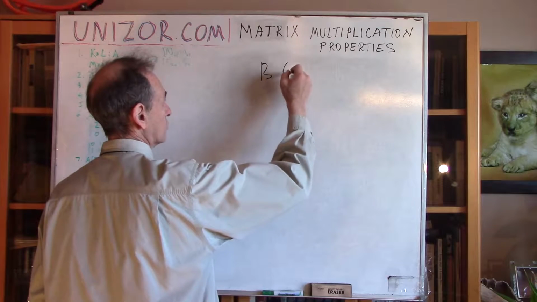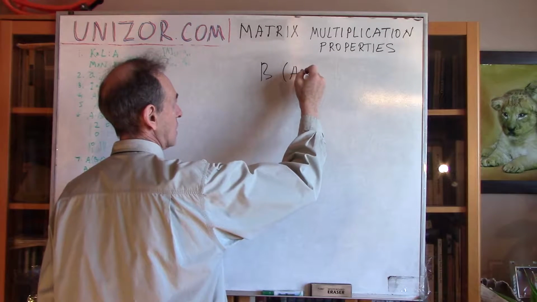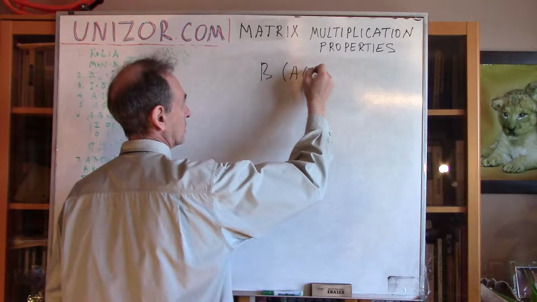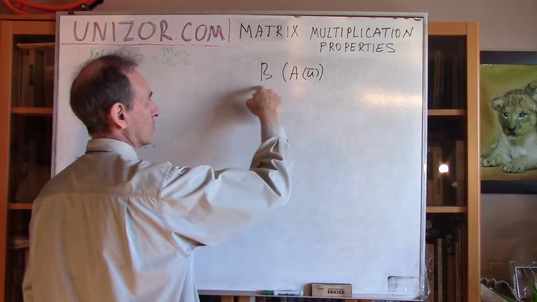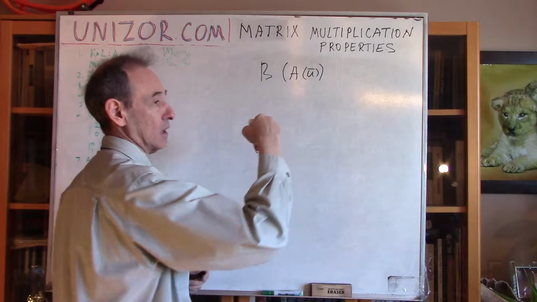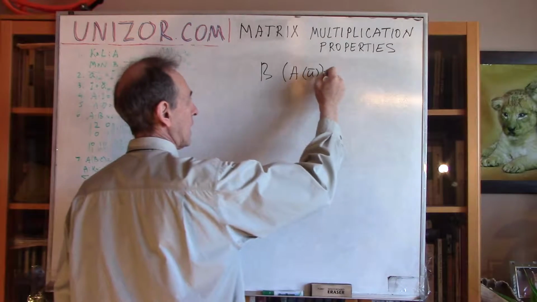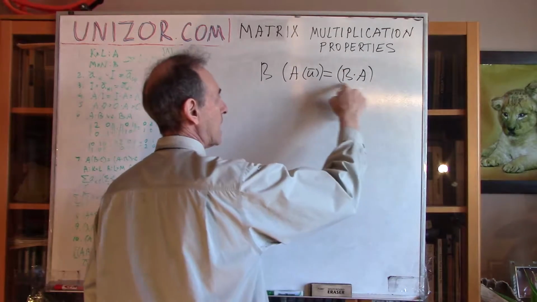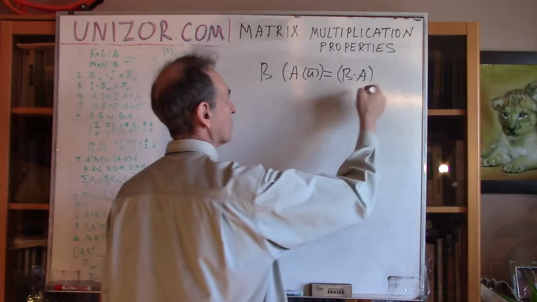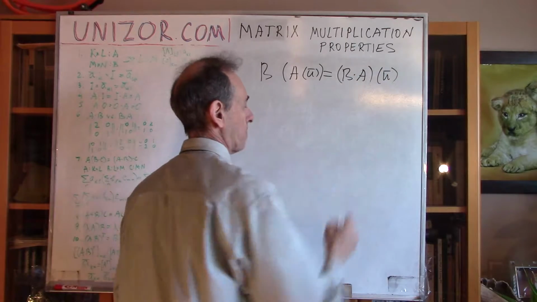If you combine two linear transformations of one particular vector, first with the matrix A and then with the matrix B, it would be the same as if a properly defined multiplication of these two matrices is applied to the same vector U.